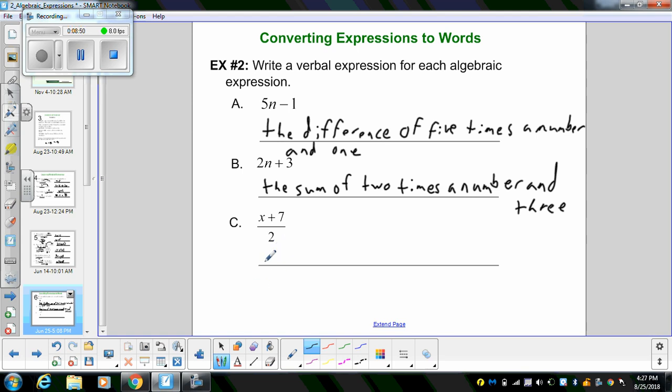So we could actually say this is half of the sum of a number and 7. Or something like that. You could say the quotient of the sum of x plus 7 and 2, or anything like that, as long as what you say can reverse back into what you started with.